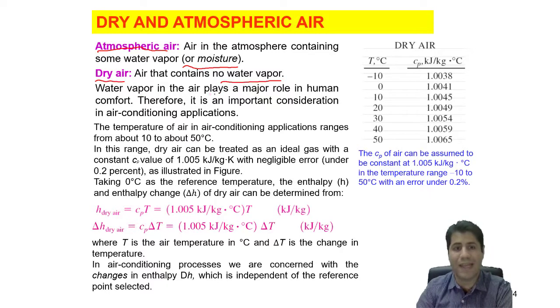Water vapor in the air plays a major role in human comfort, as I told you before, because humidity is an effective parameter in how we feel temperature. So it is an important consideration in air conditioning applications, as I told you before.